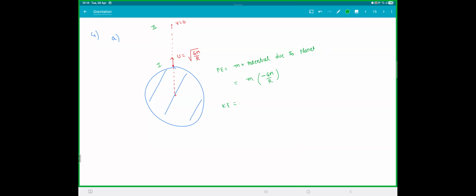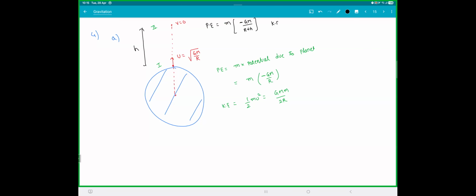What is the kinetic energy? Half mu square, which is GM by 2R. At the extreme point, let this height be h. That's what we are trying to find. Same story. What is the potential energy? Mass into potential. What is the potential? Minus GM by the distance from the center, which is R plus h.